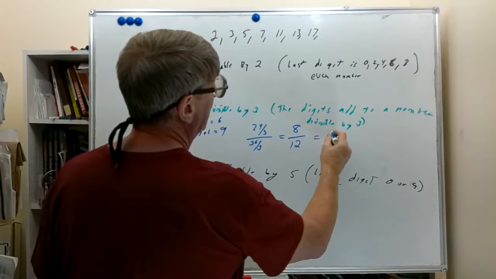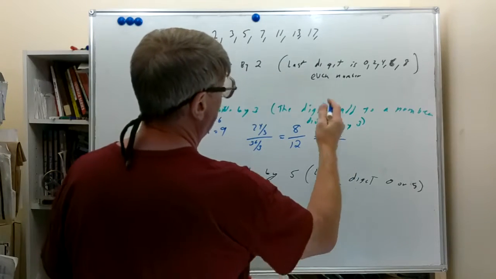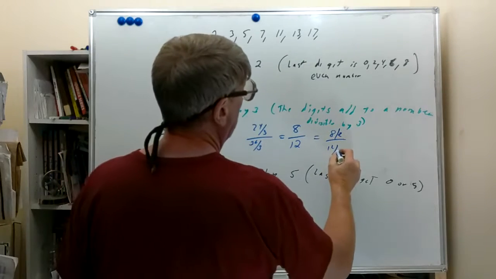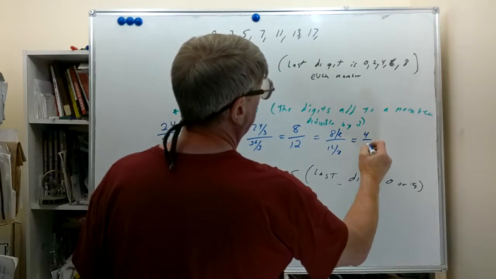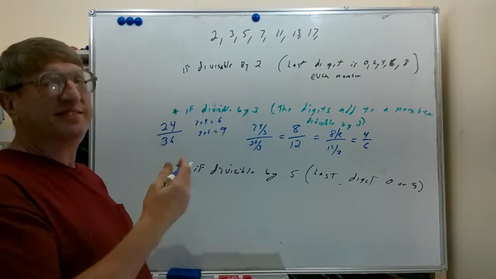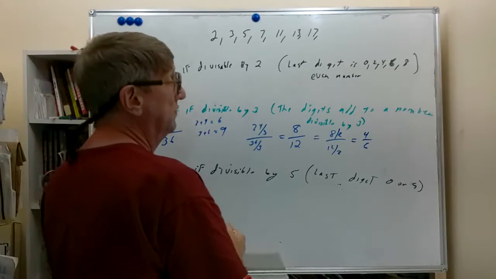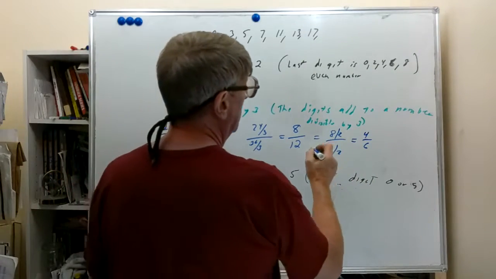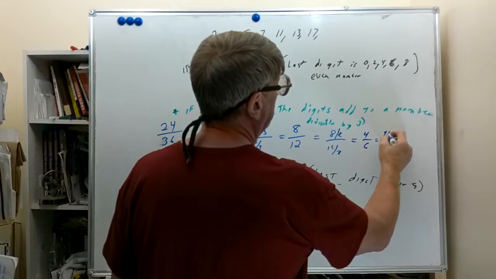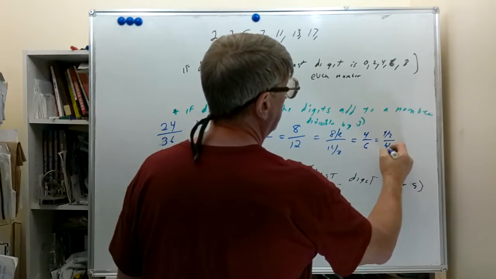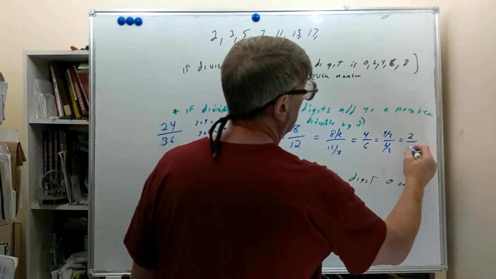So if we take 8 over 2 and 12 over 2, we end up with 4 over 6. Well, look there. We still have even numbers, so we know they're still divisible by 2. Let's do that one more time. 4 divided by 2 over 6 divided by 2 gives us 2 over 3.